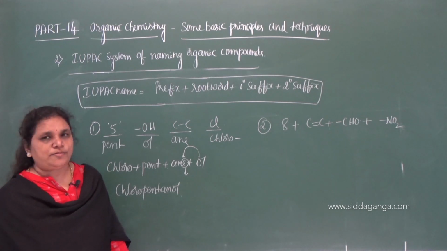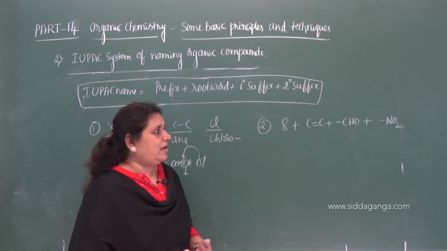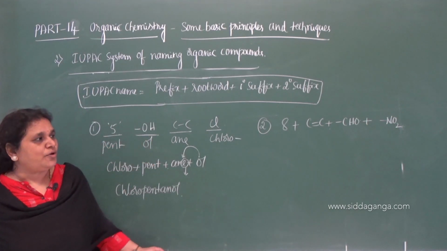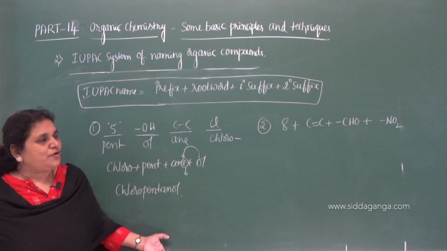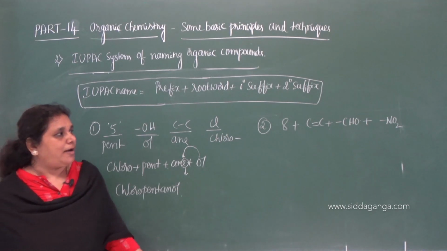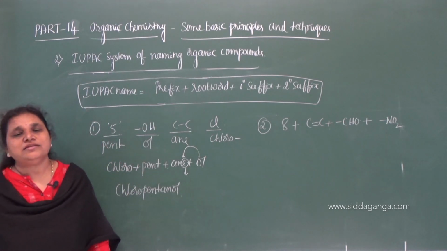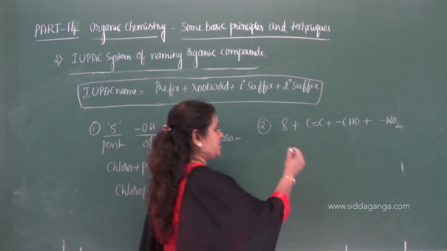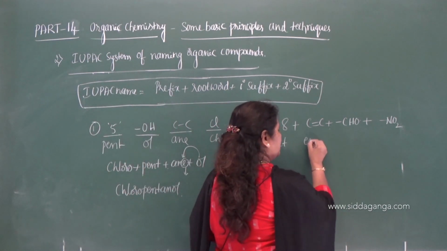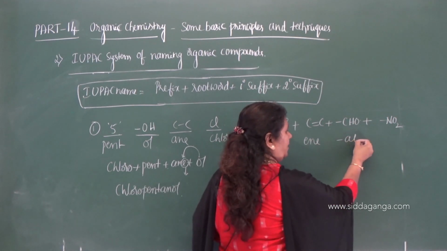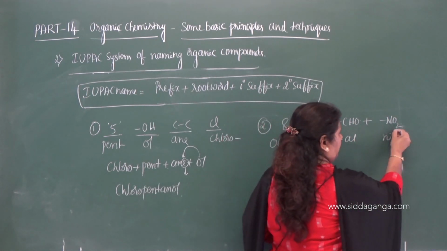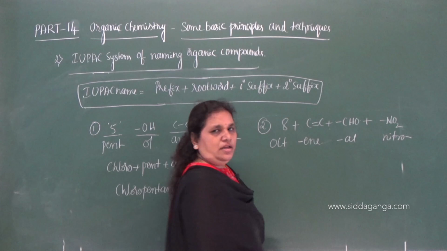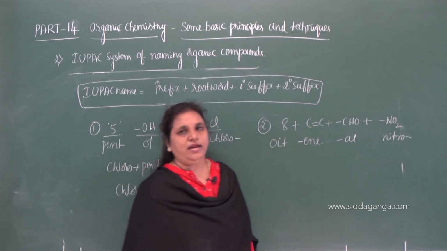So double bond is there, aldehyde functional group is there, and nitro group is there. The nitro group becomes the substituent, the CHO group becomes the functional group, and the carbon to carbon double bond is the unsaturation in the molecule. What is the root word for 8 carbon atoms? Oct, and it is ene, and al, and this one is nitro.